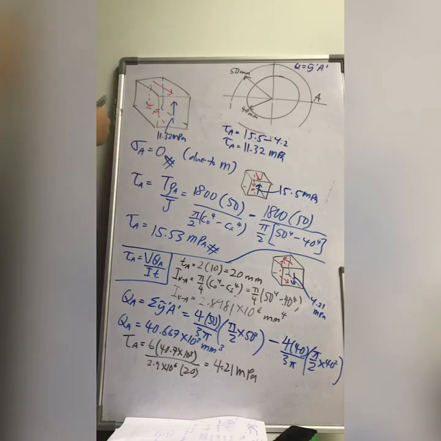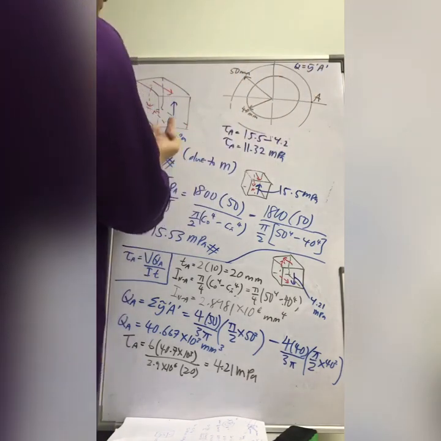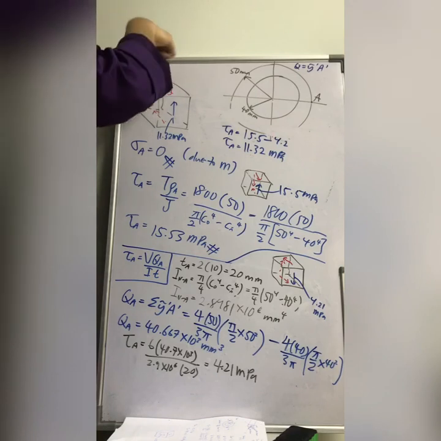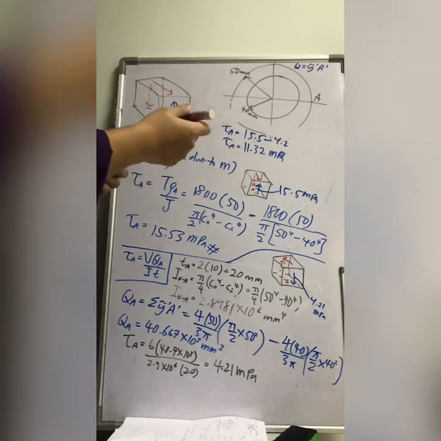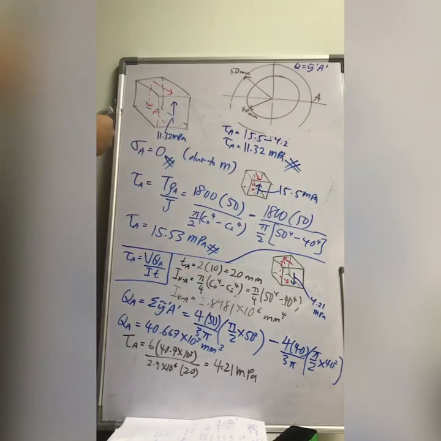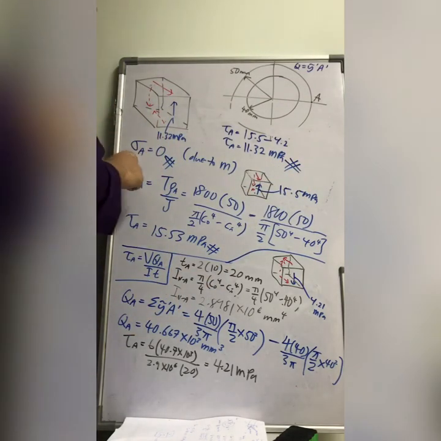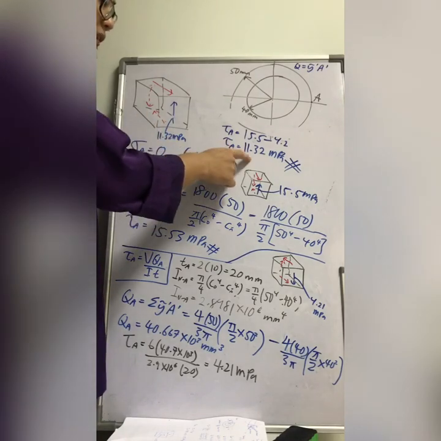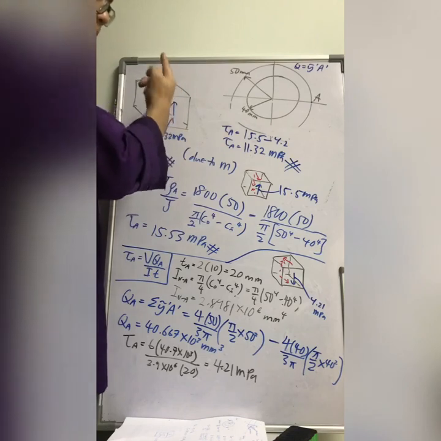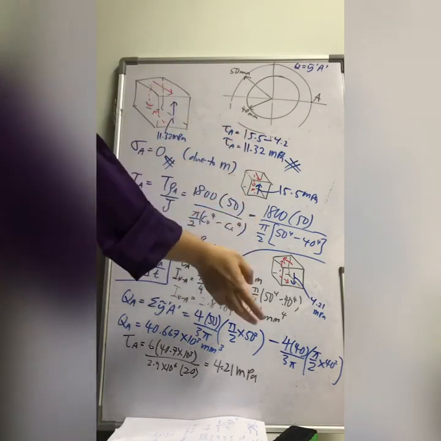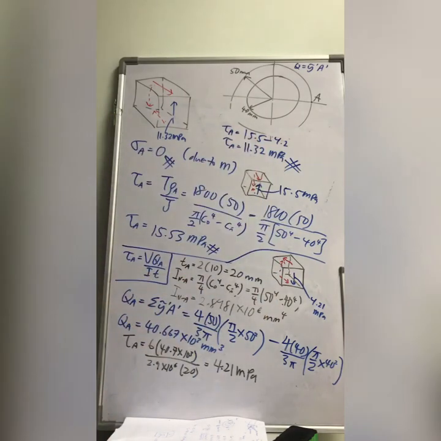This is the one which is on the surface A, 11.3 megapascal going up, and these three are the complementary shear stresses. So the final answer: no normal stress at point A, and the shear stress at point A is 11.32 megapascal going up. And please understand, if you don't understand this direction and you sum these two up, you will get the wrong answer. Thank you.